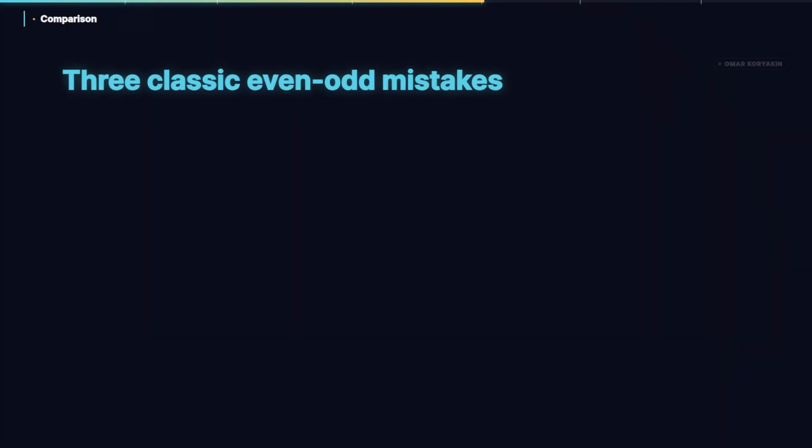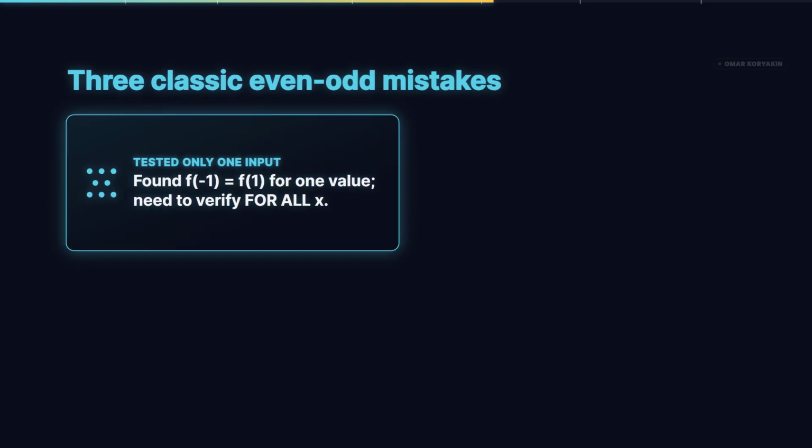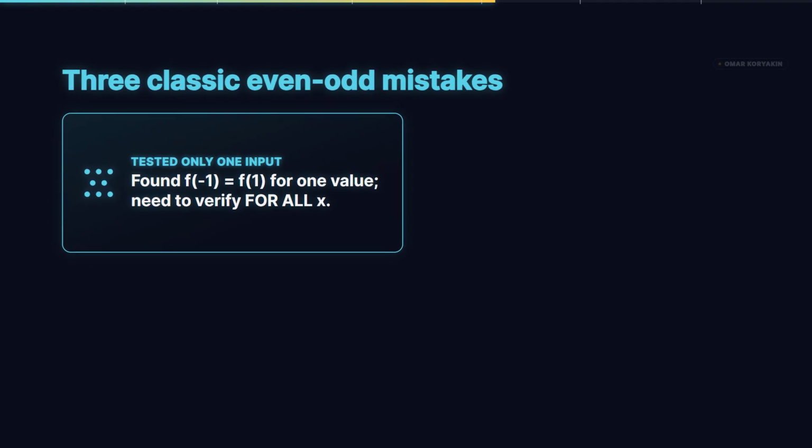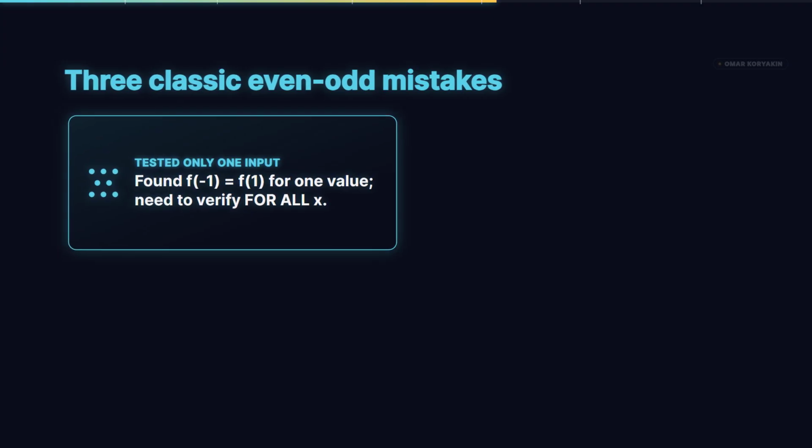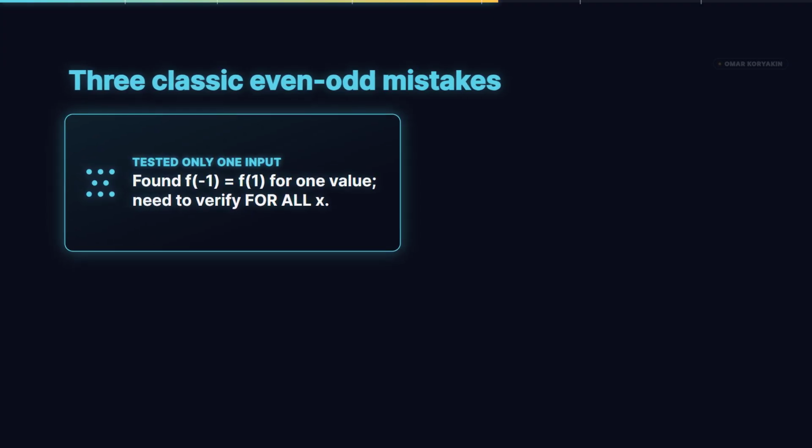Three mistakes that catch every algebra student during their first weeks of even-odd classification. Each one is fixable with a small explicit habit applied on every problem. First mistake: concluding even or odd based on testing the algebraic property at only one or two specific input values.